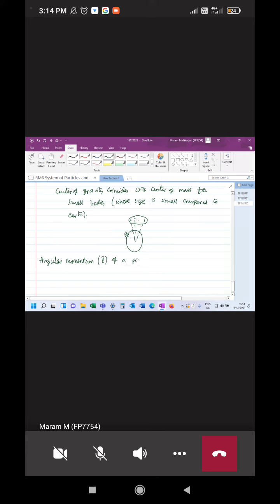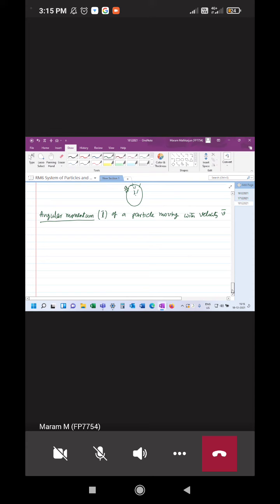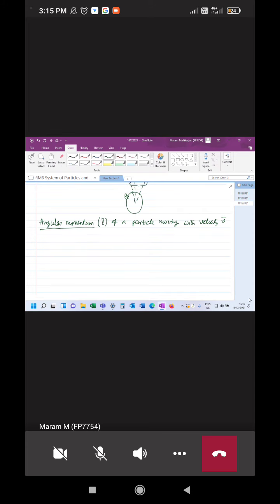L bar, a particle moving with velocity. How do I define it? See, in rotational motion, as we said, talking about bodies rotating, we need angular variables.